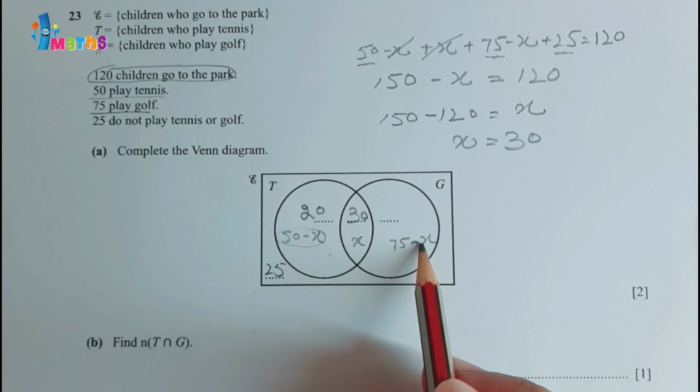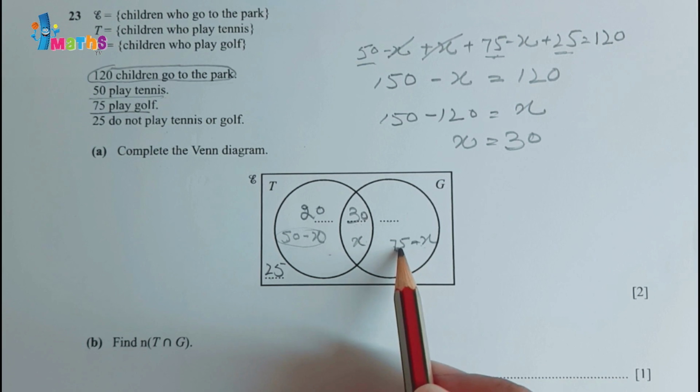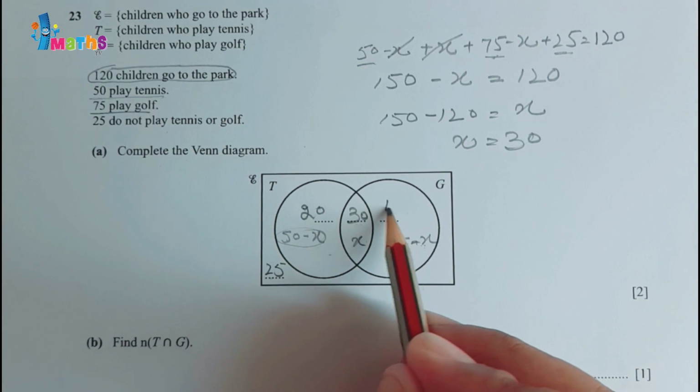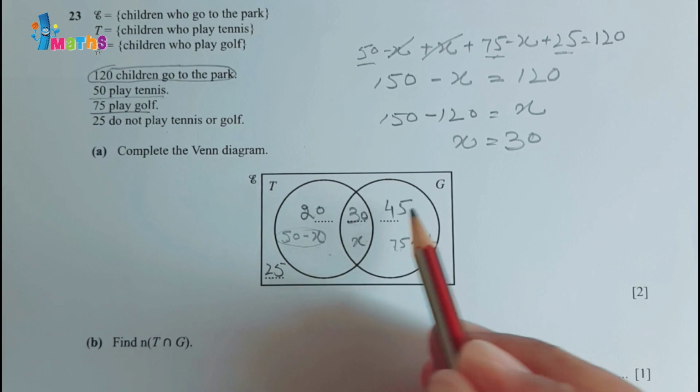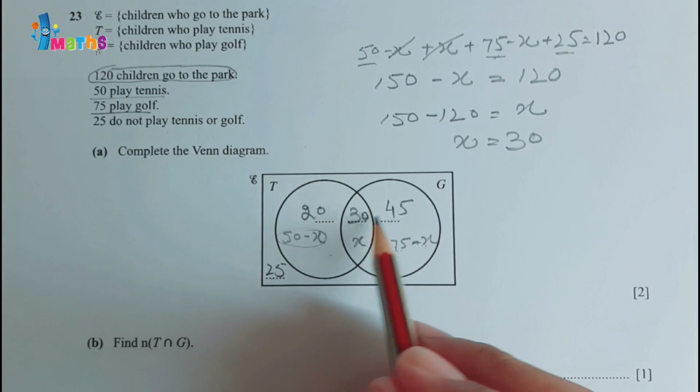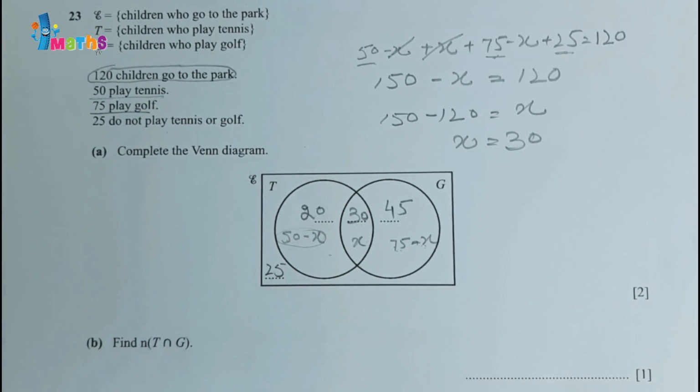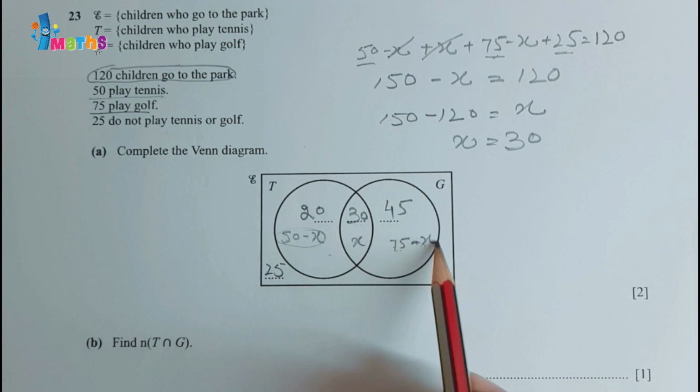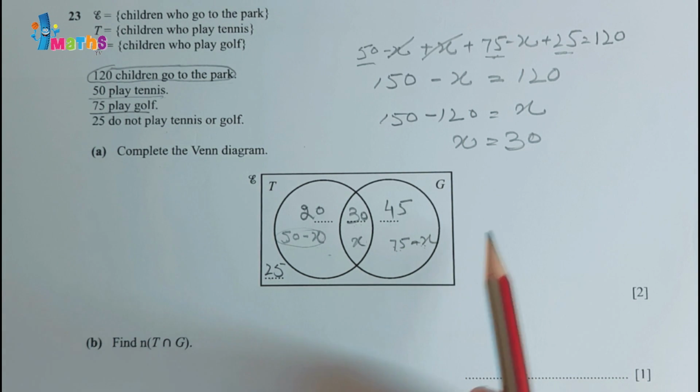And this number will be 75 minus x. 75 minus 30 will be 45. So these will be the numbers 20, 30, 45 and 25. You can write these numbers outside by arrows.